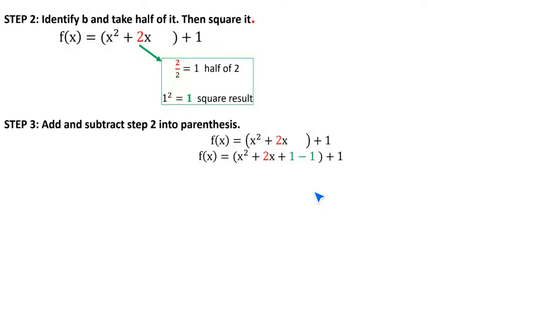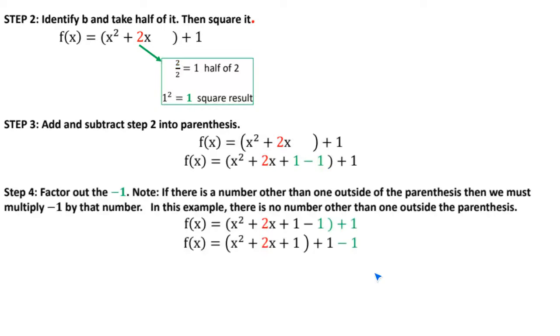And now we don't want that negative in there, so we're going to have to pull it out. So I'm going to go ahead and factor it out. But remember, when you factor it out, you have to make sure that there's nothing in front over here. So the number that's over here is a 1, right? So if I bring my 1 and I bring my -1 down, 1 times -1 is just going to be -1. So I can write it in here, -1.